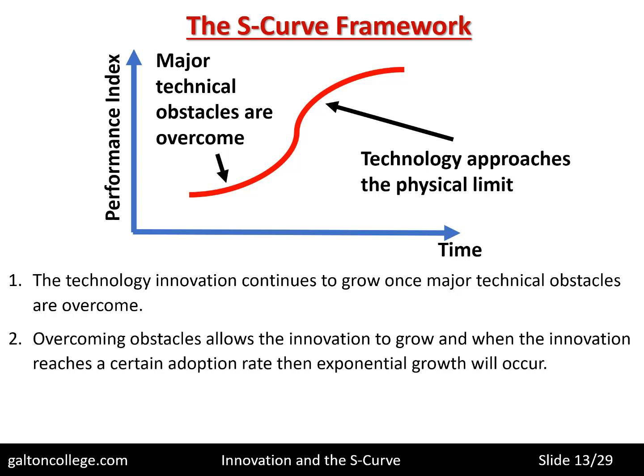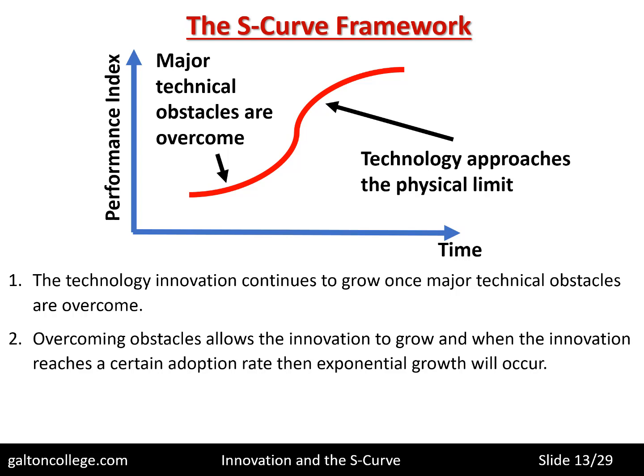Overcoming obstacles allows the innovation to grow, and when the innovation reaches a certain adoption rate, then there is exponential growth. Now, I don't mean that in a mathematical sense. I mean it more in almost a literal sense, or a literary sense, or a metaphoric sense, maybe. I'm not too sure which one to reach for here.